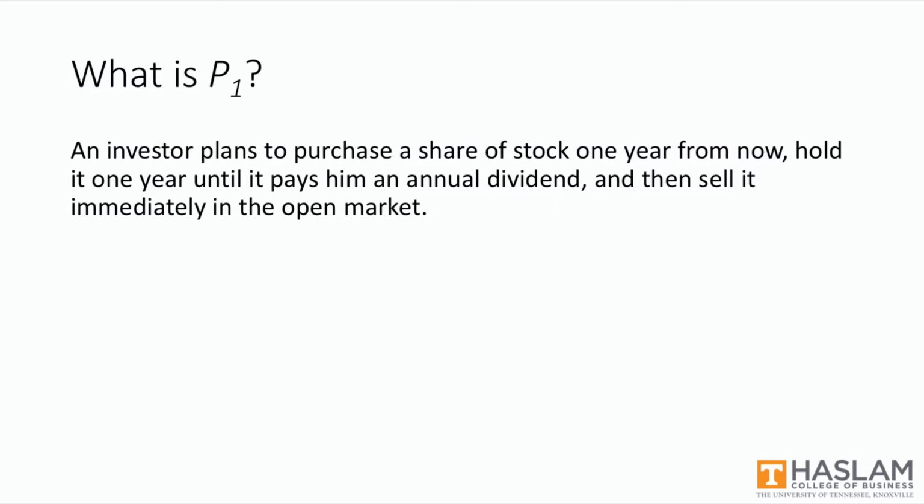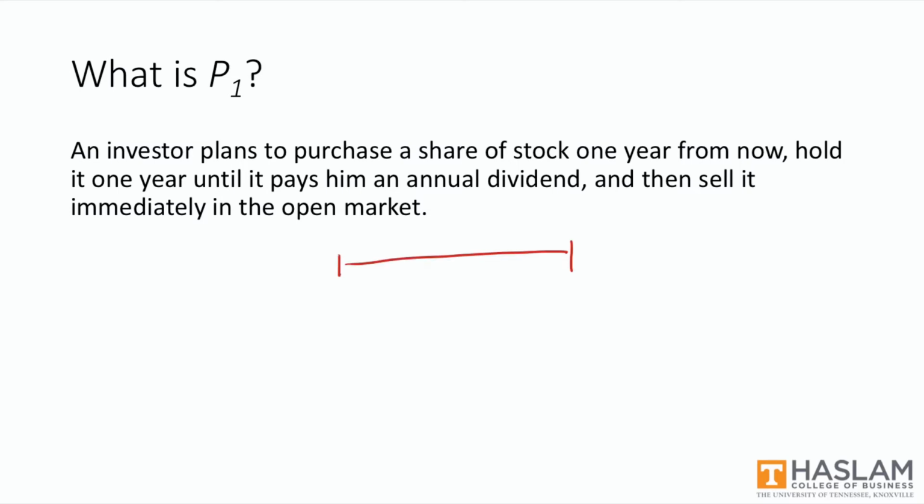And so that is, we can once again think of a 1 period investor who's going to purchase the stock 1 year from now, hold it a year until it pays an annual dividend, and then sell it immediately in the open market. And so the timing has changed a little bit, but conceptually we still have a 1 period timeline, right?